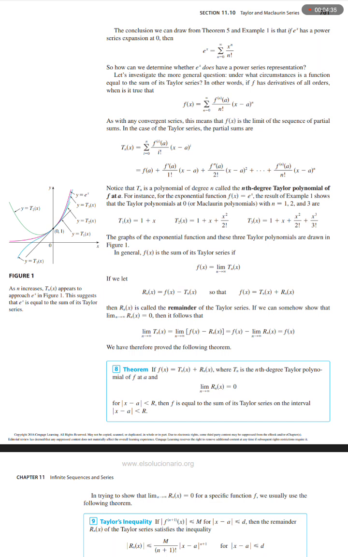Notice that T_n is a polynomial of degree n called the nth degree Taylor polynomial of f at a.